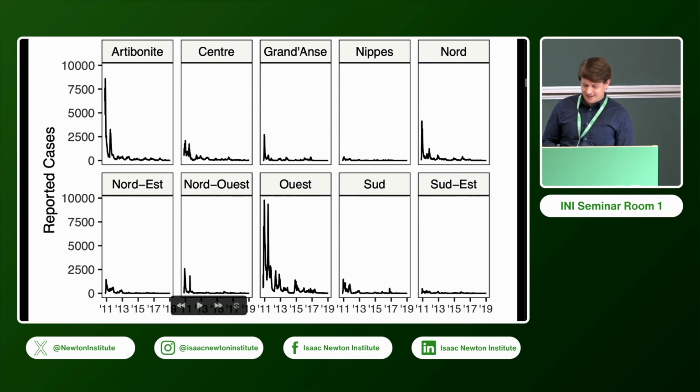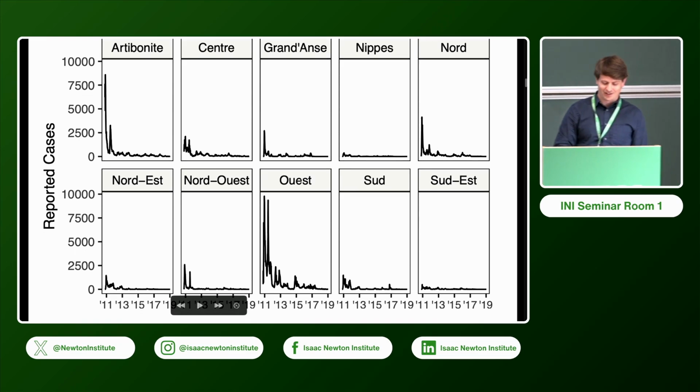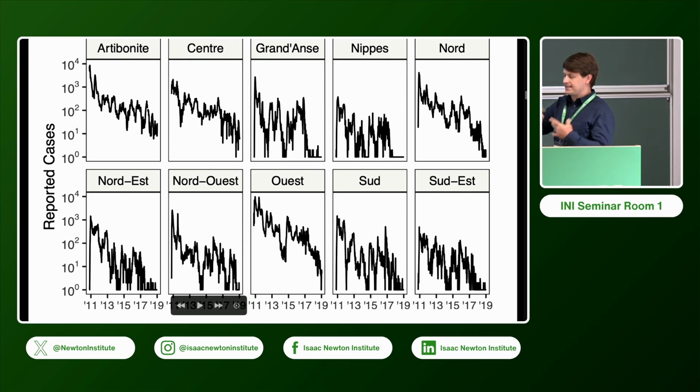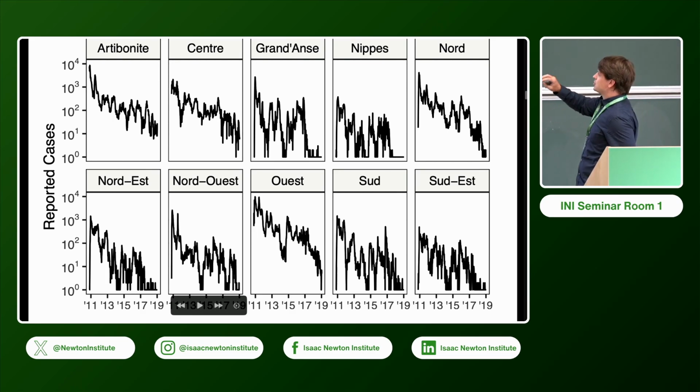And in fact, if Nick will forgive me, here's a log scale plot of the data. So here we can see a couple interesting things. There's some seasonality that kind of stands out in this figure once we look at this scale. You can see in certain departments, Haiti has 10 administrative departments, and we have data at each of these locations.